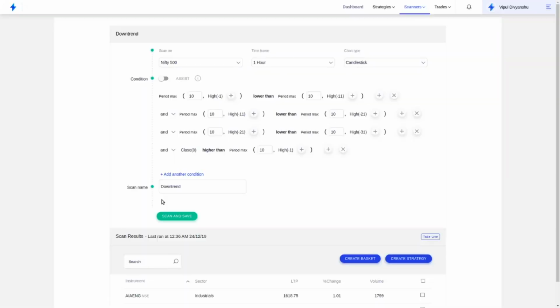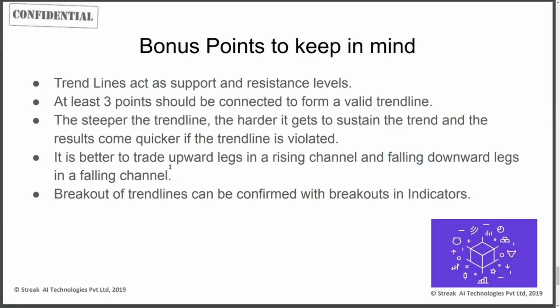So that's what we mean by saying that in an upward regression trend, trading the upward legs is better, and in downward regression channels, trading in the falling direction is better.